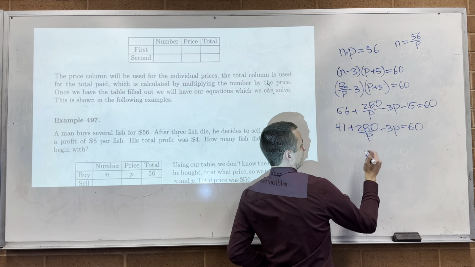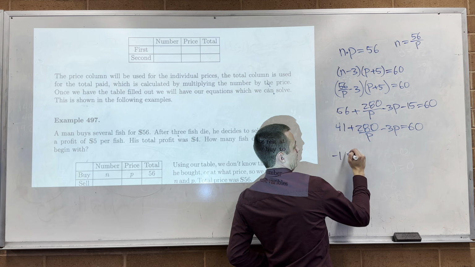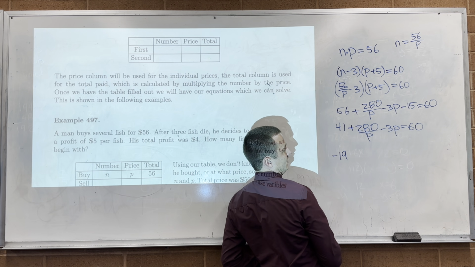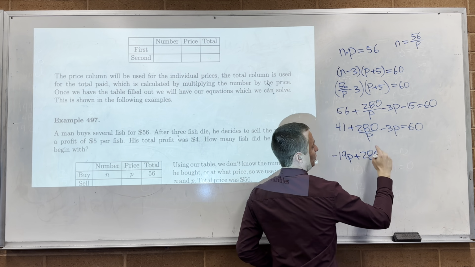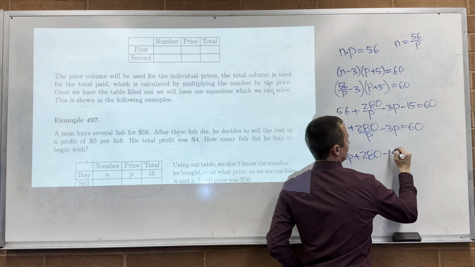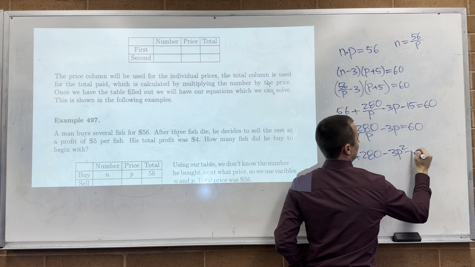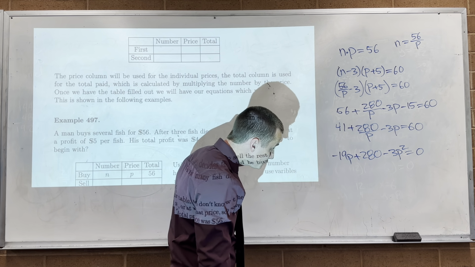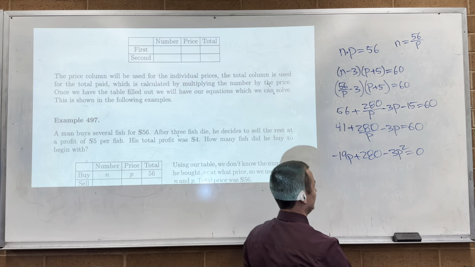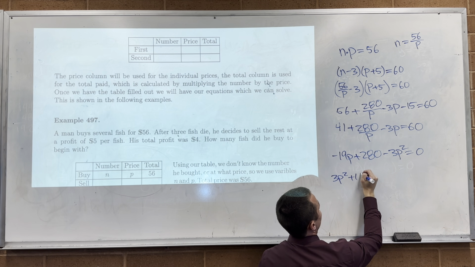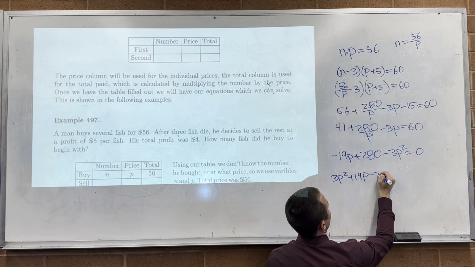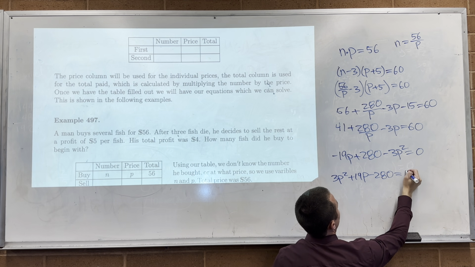So 41 minus 60 is minus 19, right? P plus 280, no p since they cancel out, minus 3p squared equals 0. Move everything to the other side, and then let's see what we can see. So we got 3p squared plus 19p minus 280 is equal to 0.